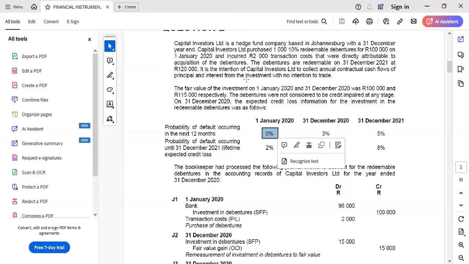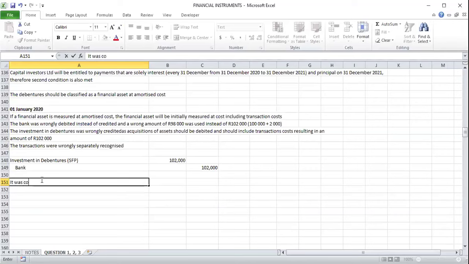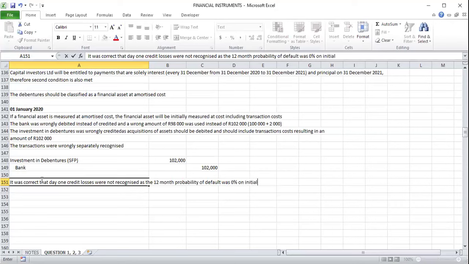Right. So we were saying it was correct that day one credit losses were not recognized as the 12-month probability of default was 0% on initial recognition.